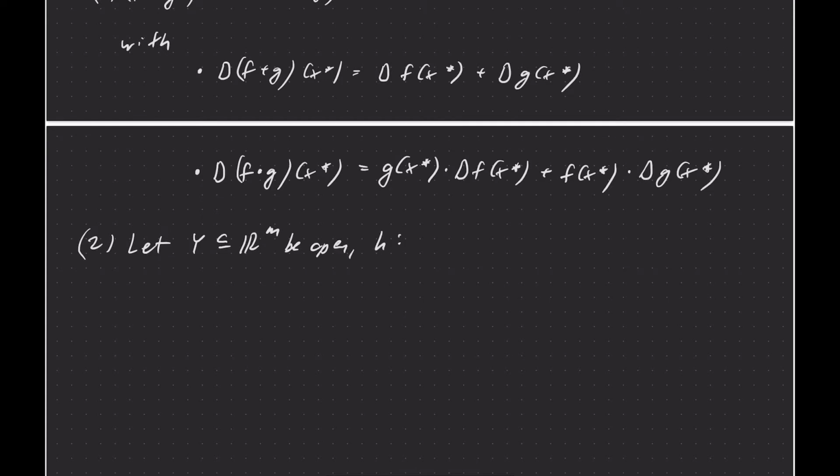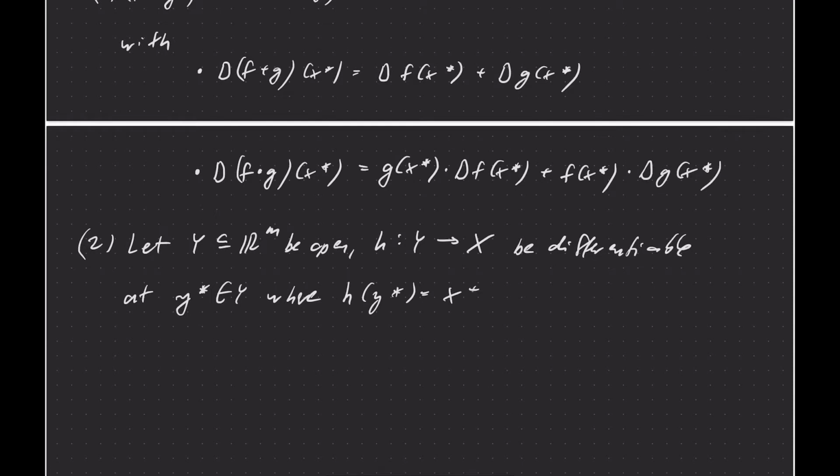And we have a function h defined on y that maps to x. Okay, so that function be differentiable at y star in y, where, let's say, h of y star equals x star.